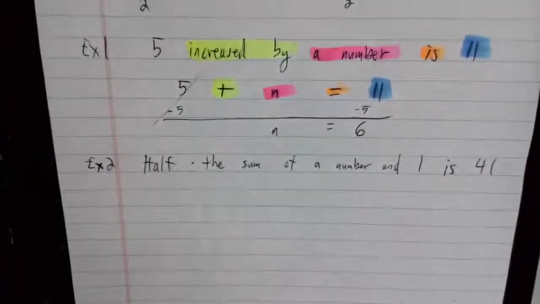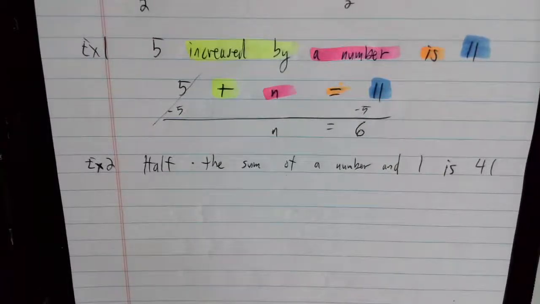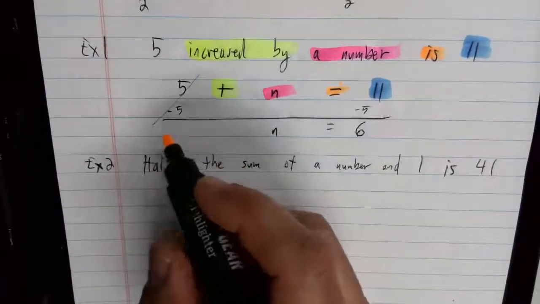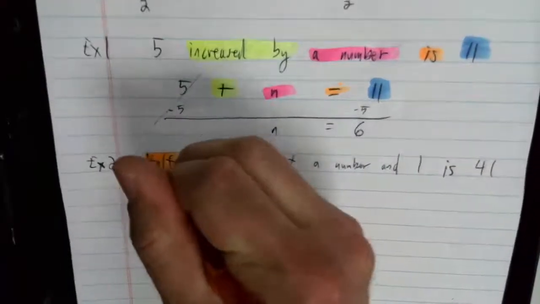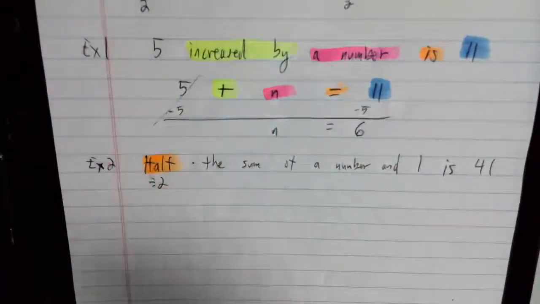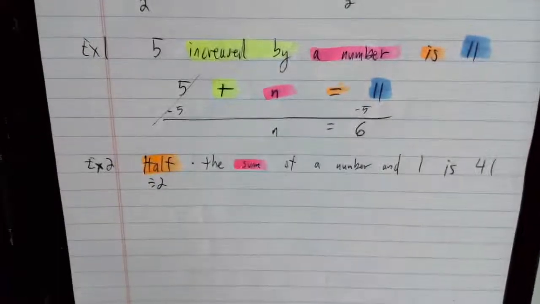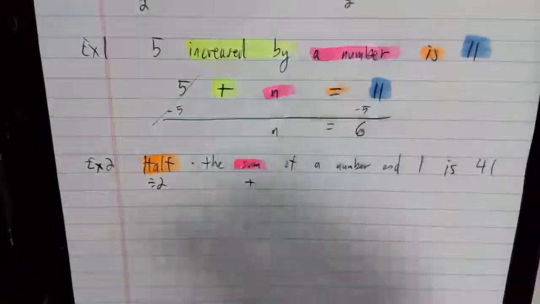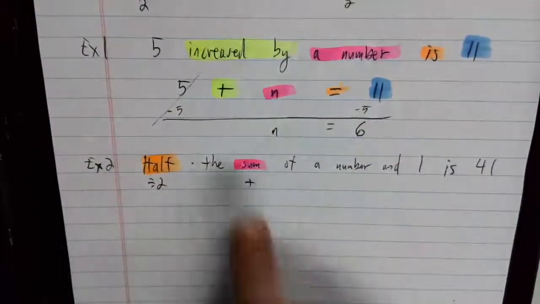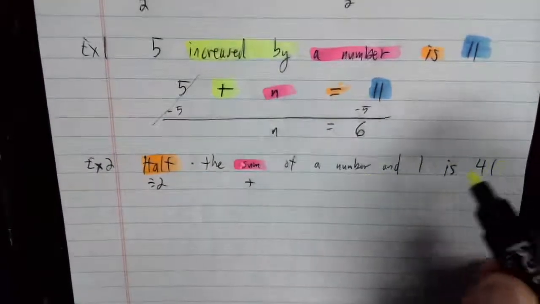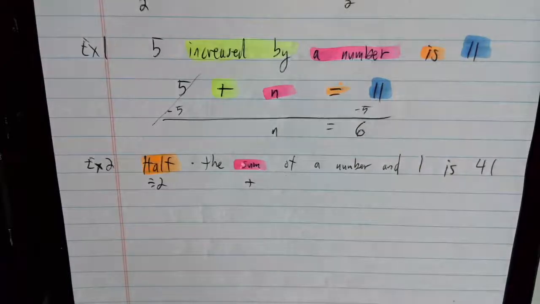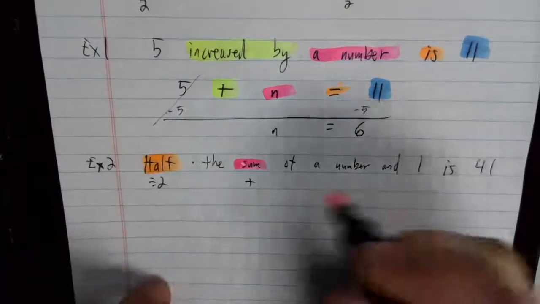So let's think about the operations that have to take place. Half, what does that mean I'm going to do? Divide. I'm going to divide by 2. Sum, what does that mean? Plus. I'm going to add. Of. Okay, maybe that's not right because I said sum of a number. Ignore that. The sum of a number and 1. Okay, so I'm actually going to leave all of that in pink.